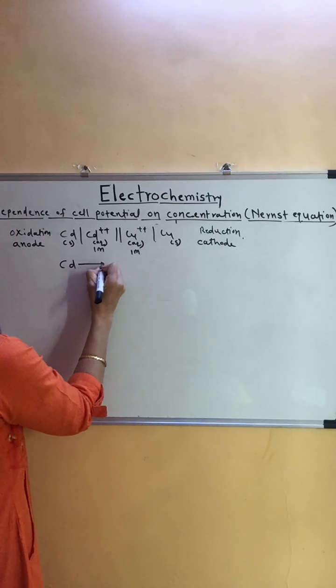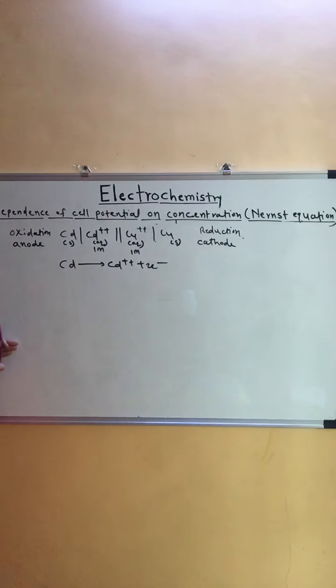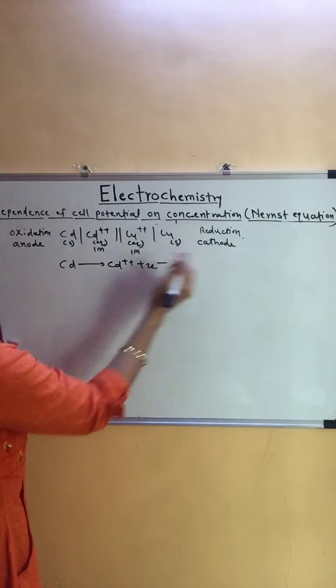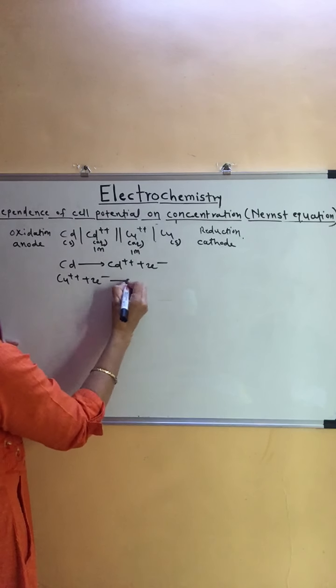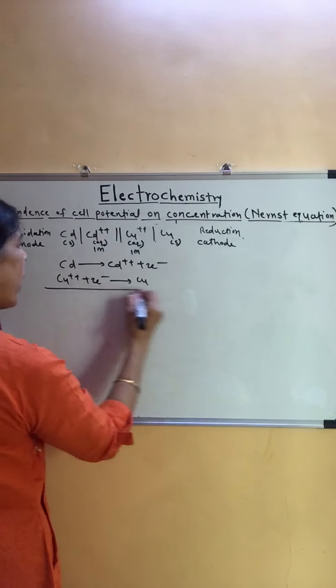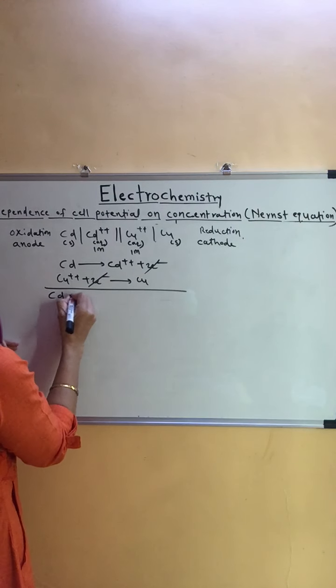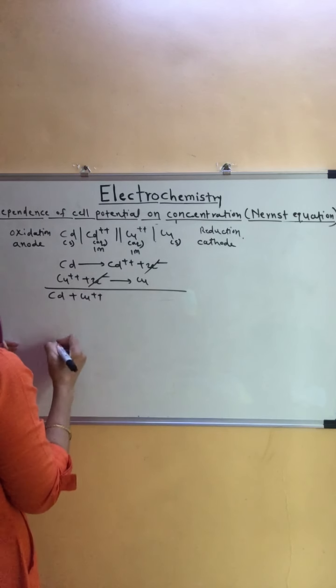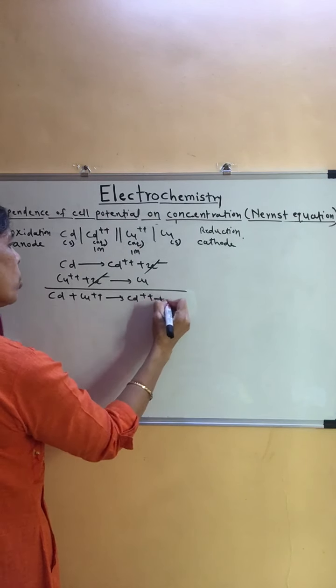So Cd giving Cd2+ plus 2e-, the oxidation half reaction. In the right hand side cell, reduction is going to take place. So Cu2+ plus 2e- giving Cu, and if we add both the reactions, what we will get? Cd plus Cu2+ giving Cd2+ plus Cu.